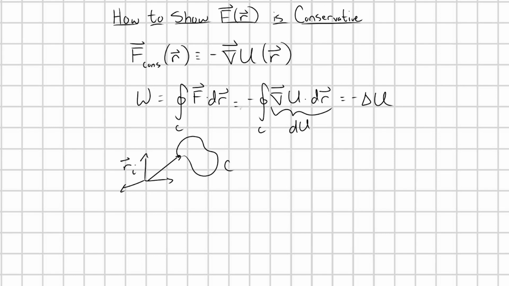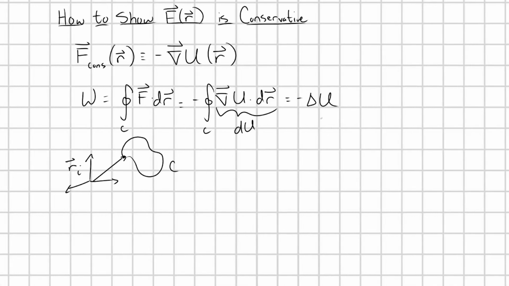Well, if that force field is conservative, then what's going to happen to this delta U? For a delta, you just take the final minus the initial, so I'm going to have minus U at the exact same location as where I started. And so these guys are just going to cancel out, and I'm going to have 0. Ooh, that's a really big deal, right?